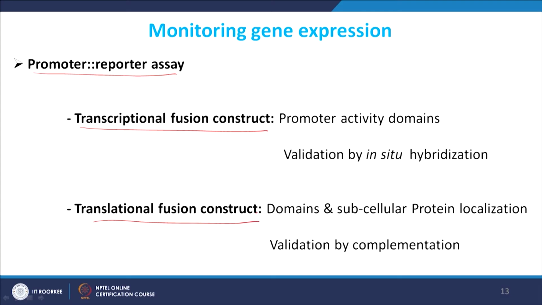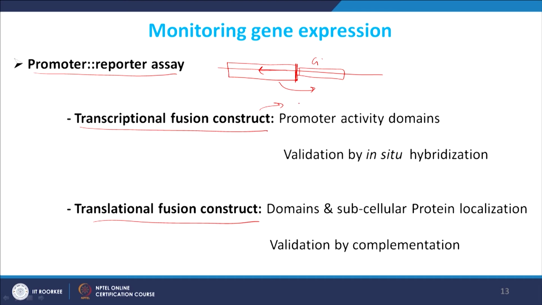What is the difference between them? In a transcriptional fusion construct, you only take the promoter or the upstream sequence of your gene. So if this is your gene, you only take the promoter region, and this construct will tell you the transcriptional or promoter activity wherever it is available.